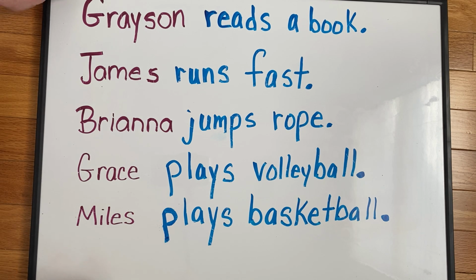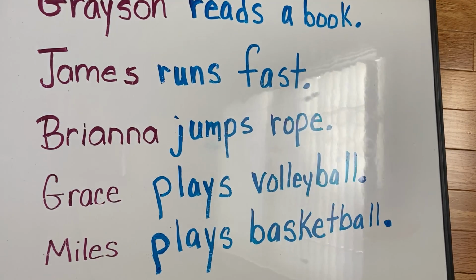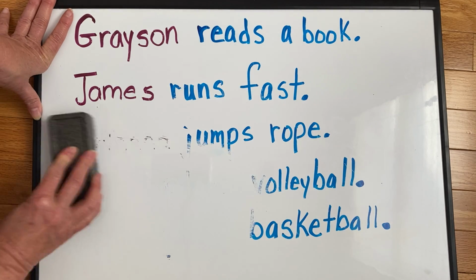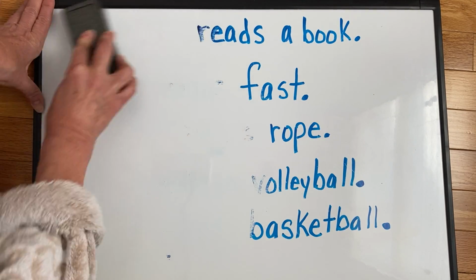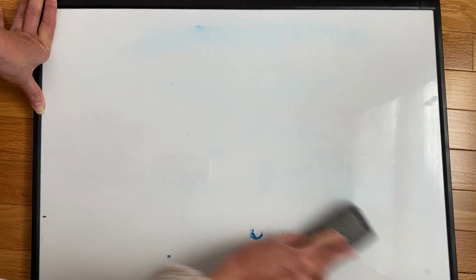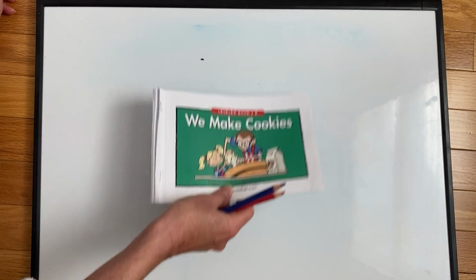All right, boys and girls, so I'm going to move the whiteboard out of the way, or actually I'm just going to erase it. And what I need you to do while I'm erasing is get out your book, We Make Cookies. And then I want you to have your two colored pencils or crayons, whatever it is you chose to use, with you.